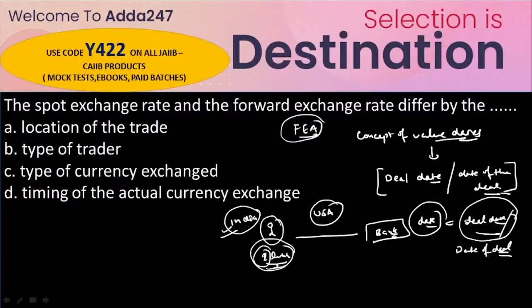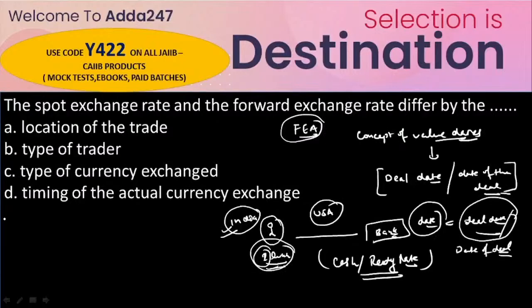When the currency conversion takes place at the deal date, it is known as the cash or ready rate. So whenever the exchange of the currency takes place at the deal date, it is known as a cash or ready rate.